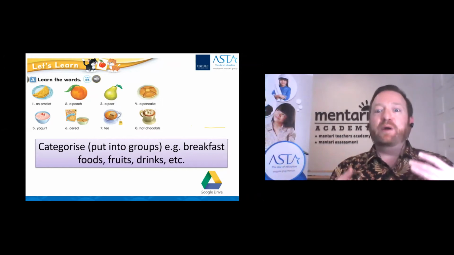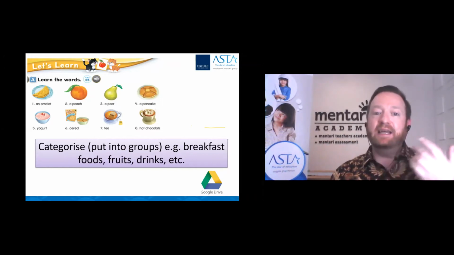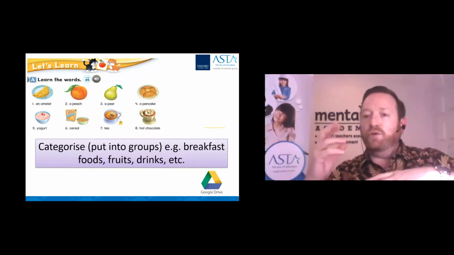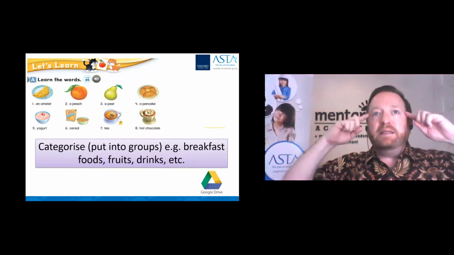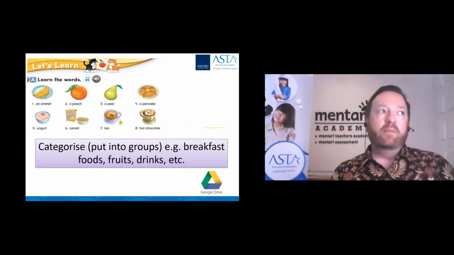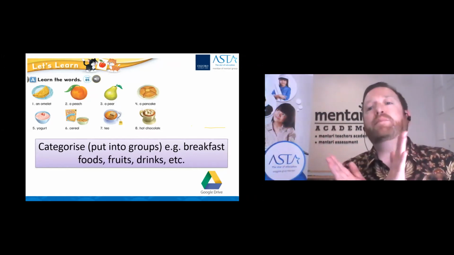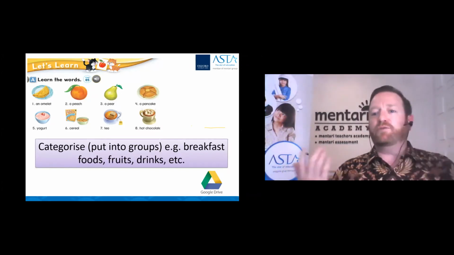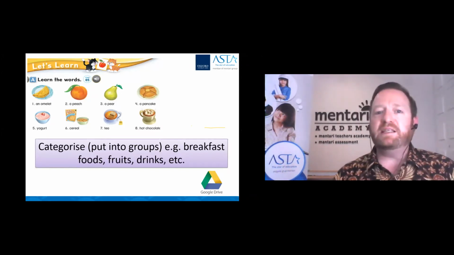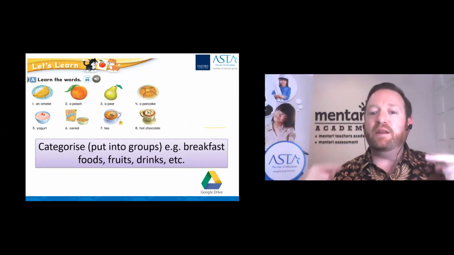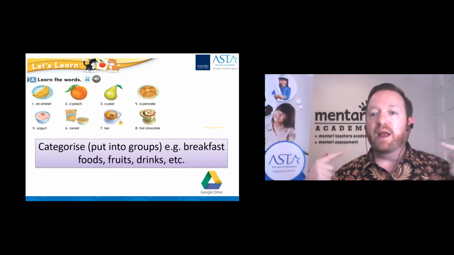If we can do activities like describe, categorize, use it in a different sentence, that means they're thinking about it more. It's not just pear, fruit, whatever. Oh, it's a sweet fruit. It's a green fruit. It doesn't grow in Indonesia. So all of these things can help remember, because students forget vocabulary very quickly.